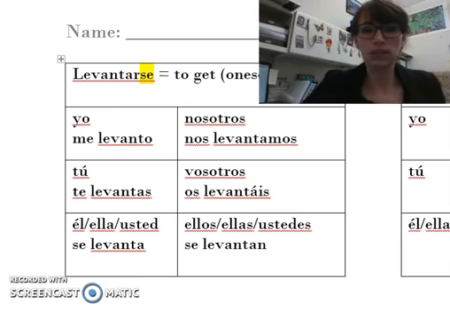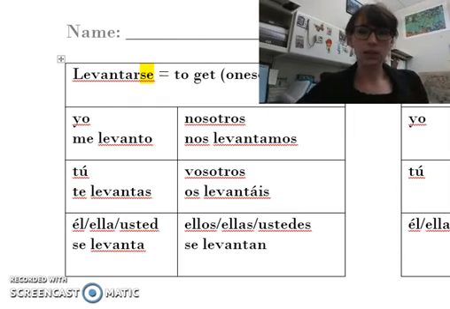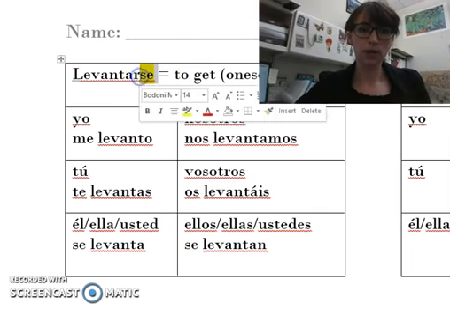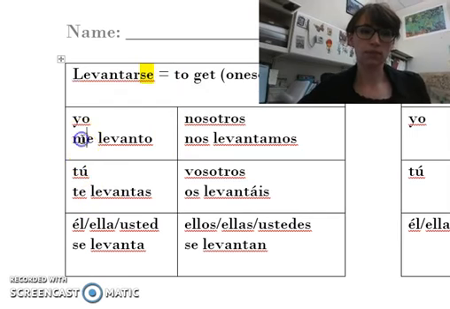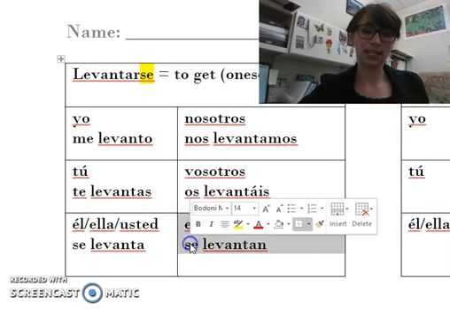That's what we're doing with these reflexives when we conjugate them: we have to do two parts. We take the reflexive pronoun, move it before the conjugated verb, and make it reflect the subject. Yo, me; tú, te; él, ella, usted, se; nosotros, nos; vosotros, os; and ellos, ellas, ustedes, se.